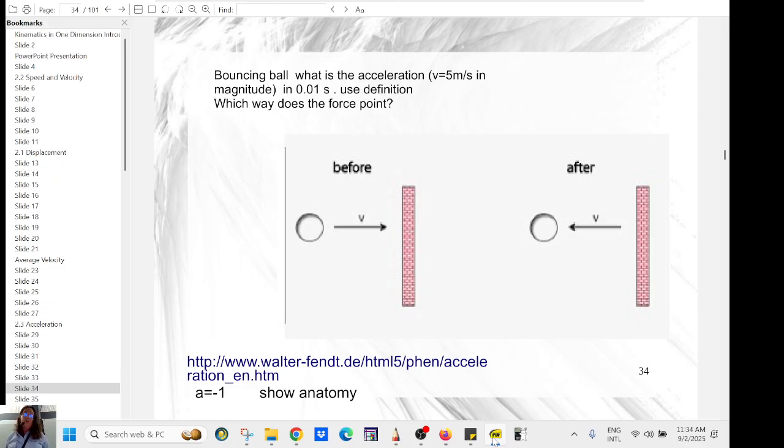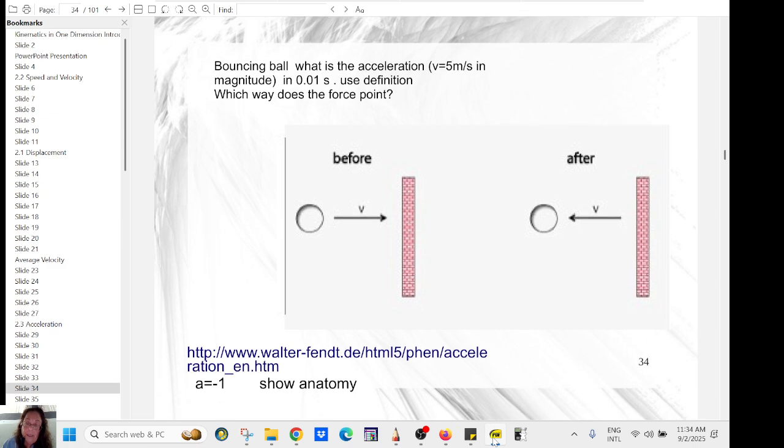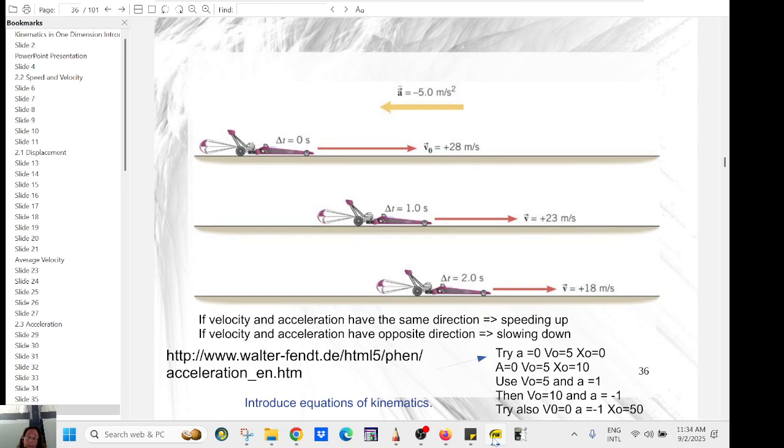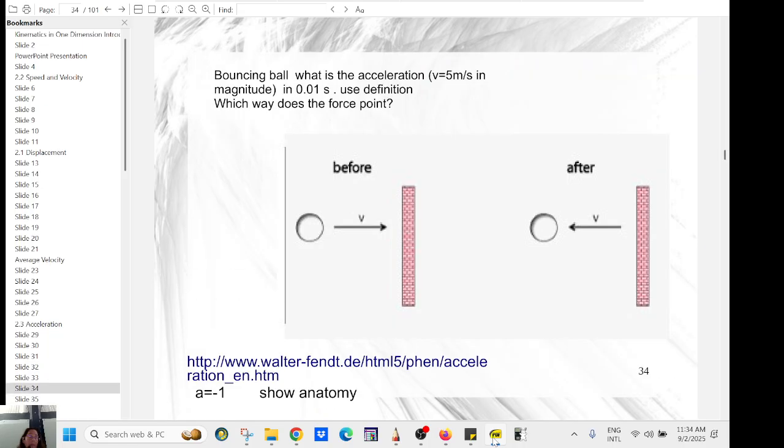Okay, let's do this one, which is maybe not intuitive. You have to use the definition. Okay, so you have to use the definition of acceleration, right? So what's happening?